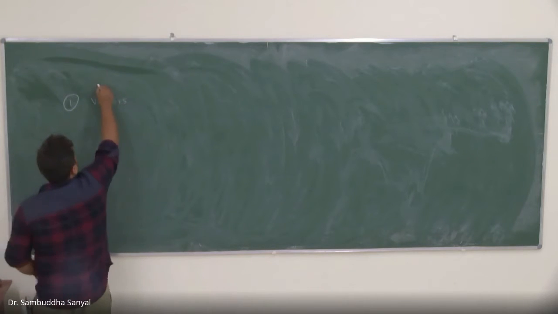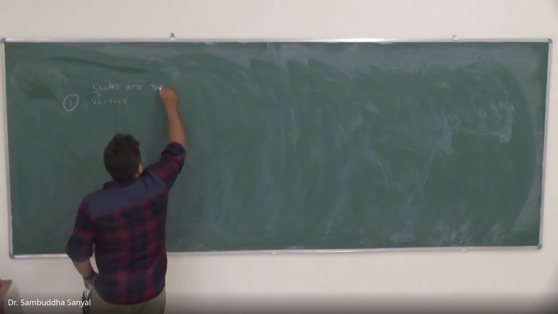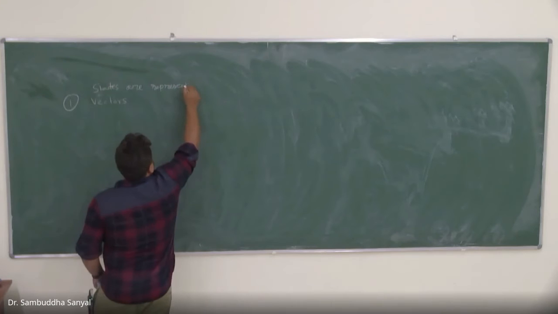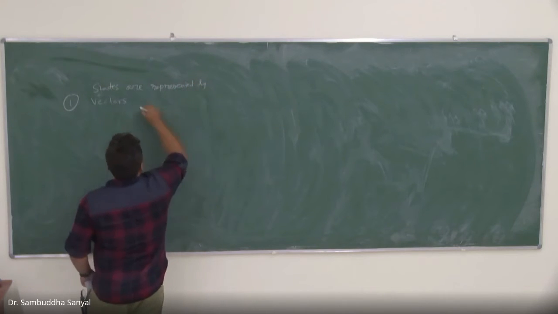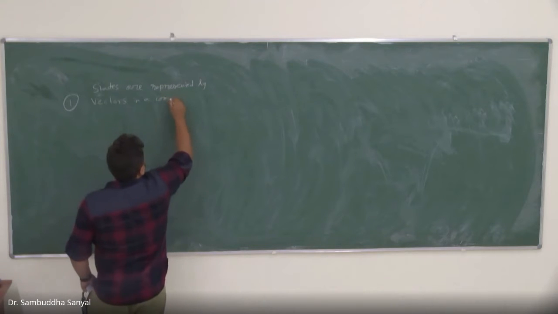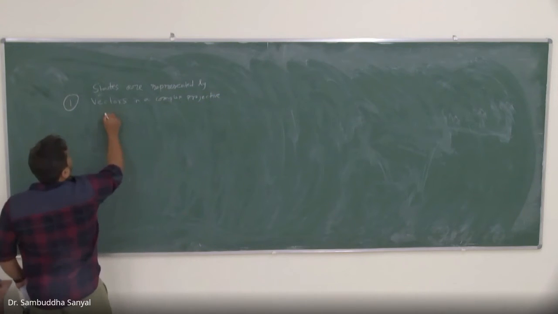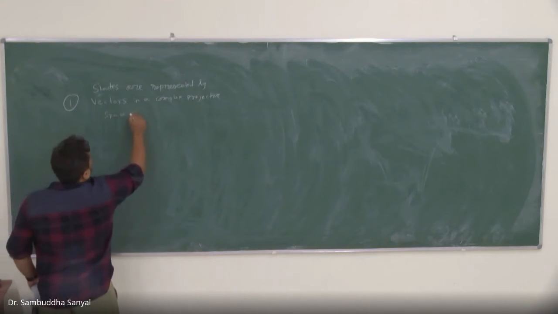So the first thing we said is that states are represented by vectors in a complex projective space, which we call Hilbert space.